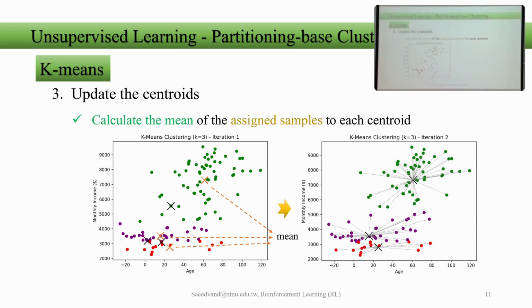And for this purple one, the same. If I do that, then I can update the centroid, so that this centroid for the green one moves to here. The other ones also move to the more central part of the data.